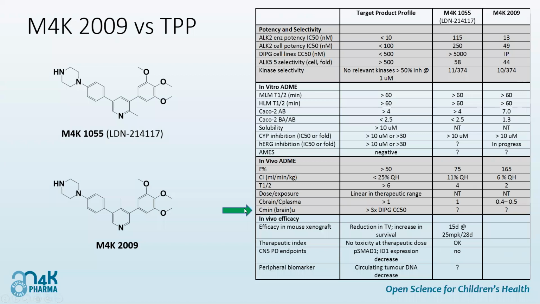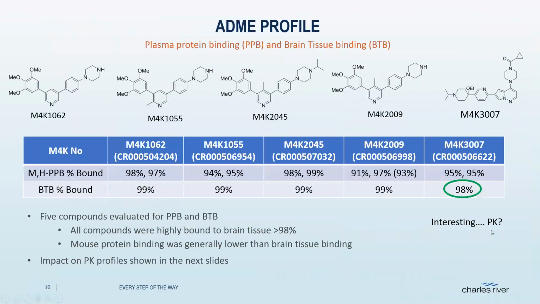And then the key piece of data we were missing was the unbound brain fraction. They're targeting more than 3-fold the DIPG CC50, so we don't actually have any DIPG CC50s at this point. I'll show you a slide where we're using the nanoBRET data as a surrogate for this. And then in vivo efficacy, obviously, we have not run yet.